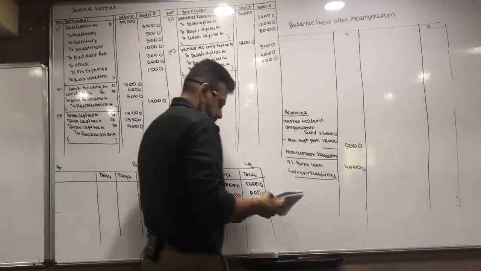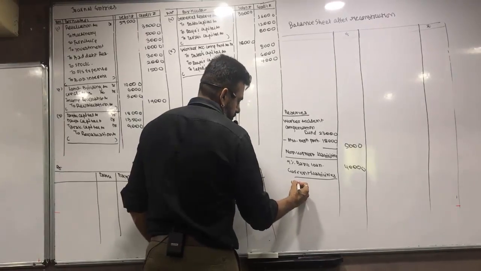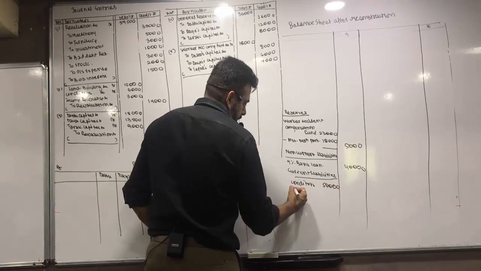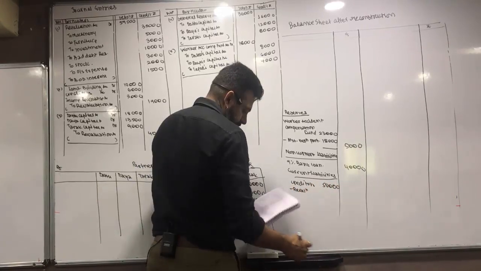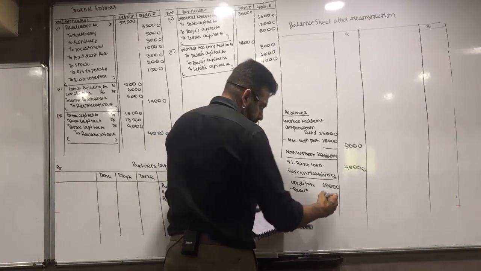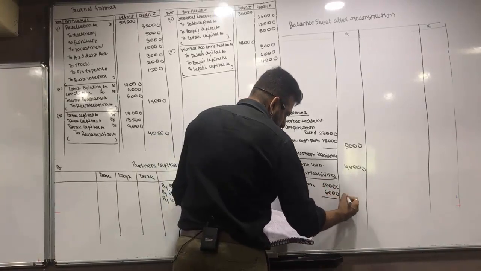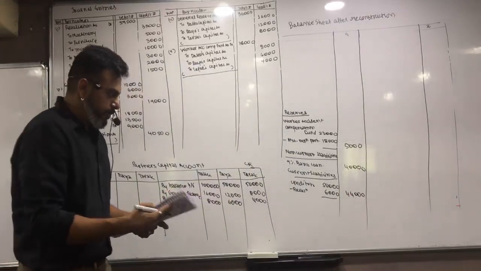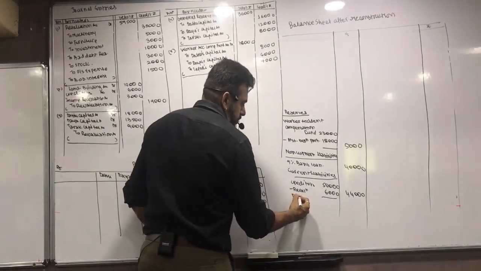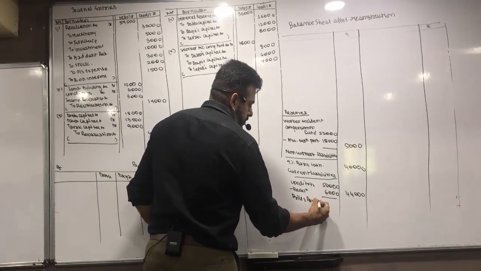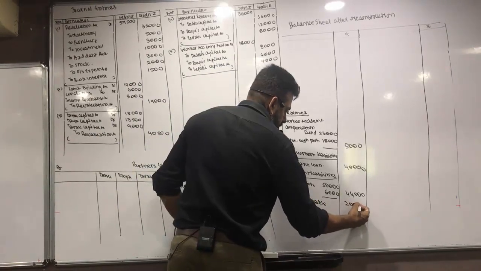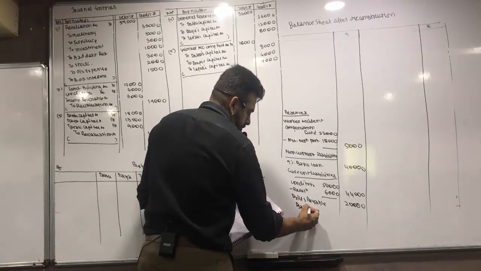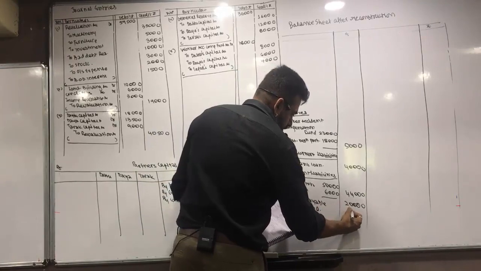Creditors, inner column 50,000, minus revaluation or minus decrease. How much did creditors decrease? 6,000. So outer column 44,000. Bills payable 20,000. Bank overdraft 8,000.